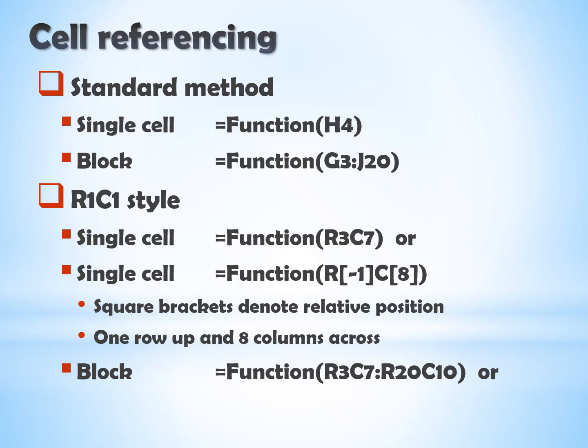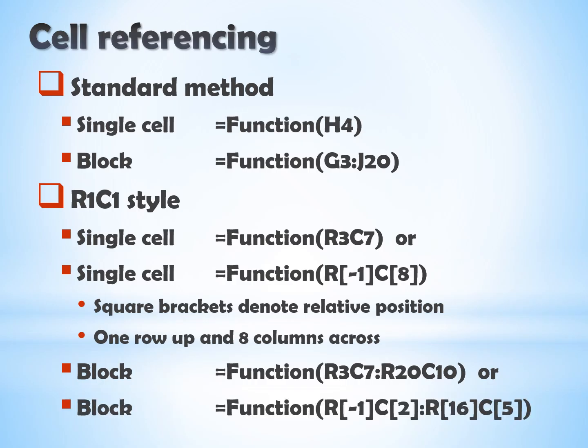For example, the reference R3C7:R20C10 describes a block of cells defined by the cell in row 3 and column 7 and the cell in row 20, column 10. As you can see here, relative positions of cells can also be used in defining blocks of cells. Unless it is stated otherwise, we are going to use the standard method for cell referencing in this lecture.